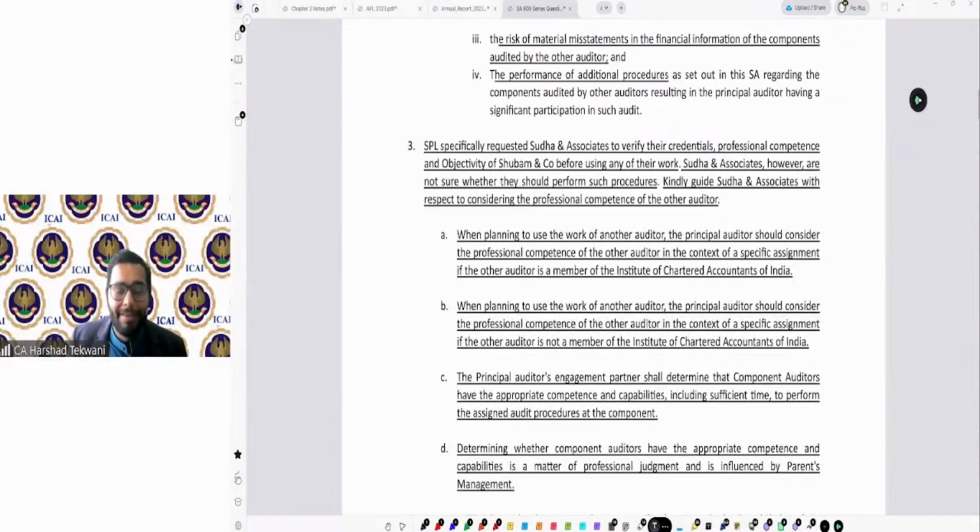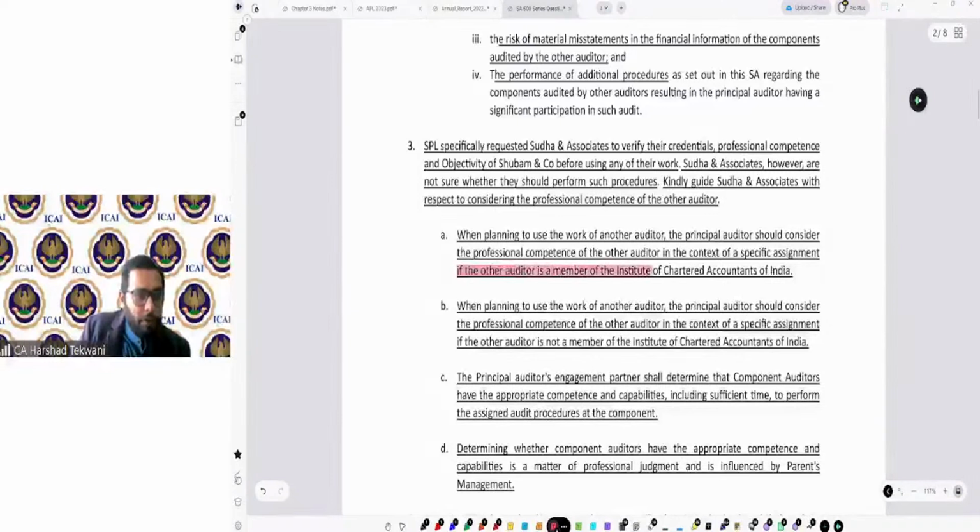Usually the principal auditor has to consider the professional competency of the other auditor when he is not a member of the institute. So in the first option, he is a member of the institute. If the other auditor is a member of the institute, that is incorrect. So the first option is incorrect. Let's see the third option.